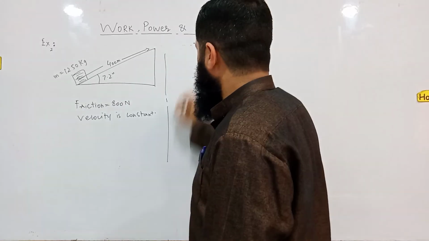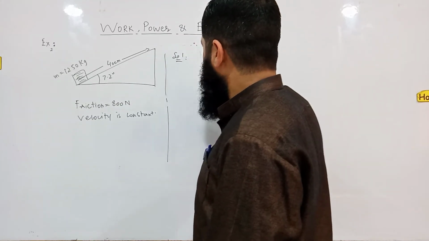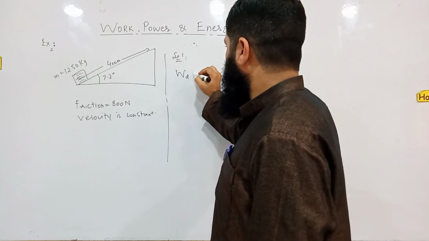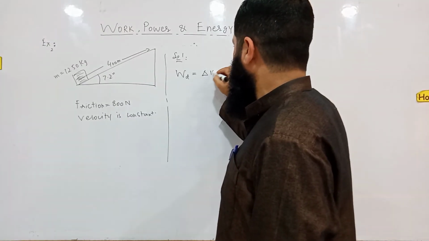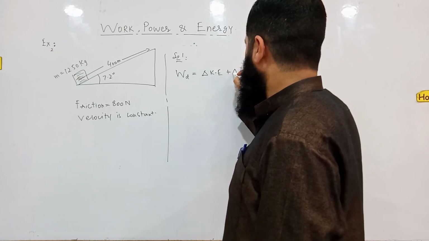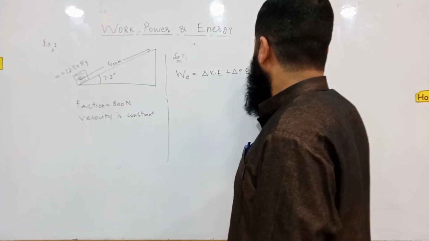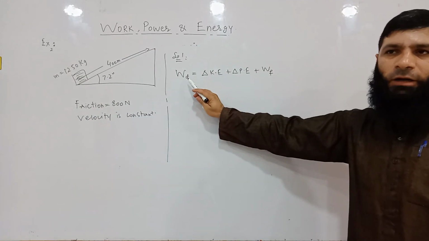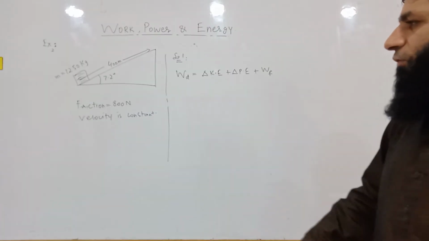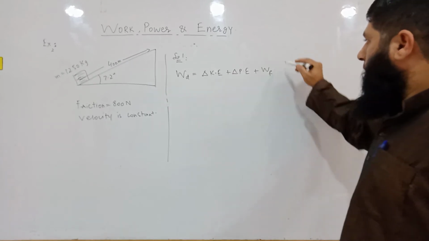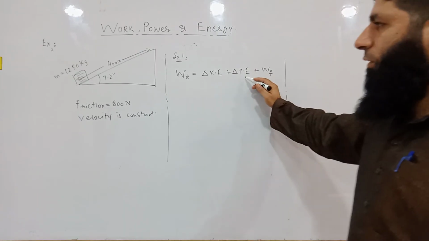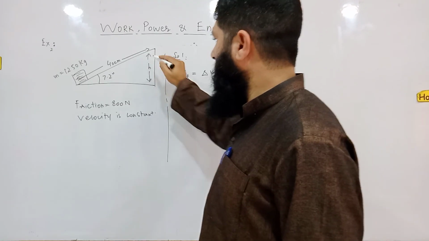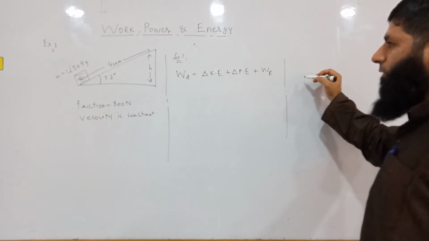So we know that the work done by the driving force is equal to change in kinetic energy plus change in potential energy plus work done against friction. This is work done by driving force, and this is work done against friction. Okay, for potential energy we must have this height, and again using this trigonometric identity we can find this height.